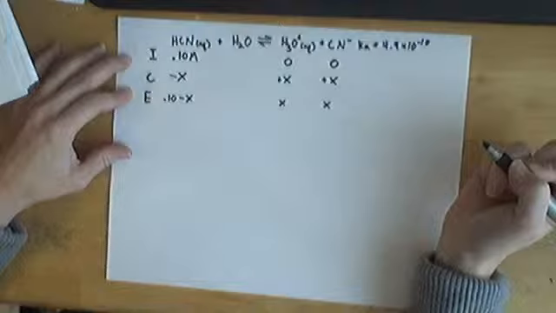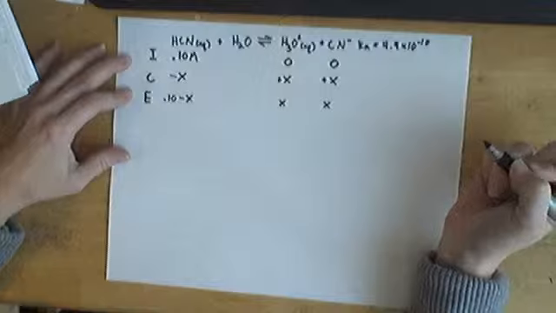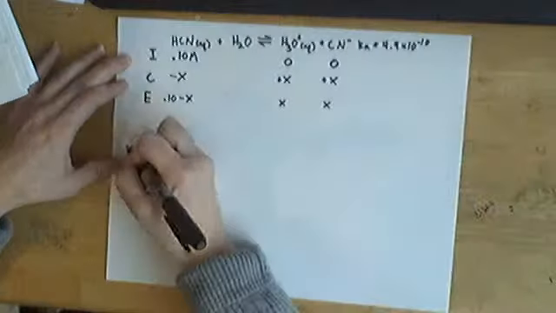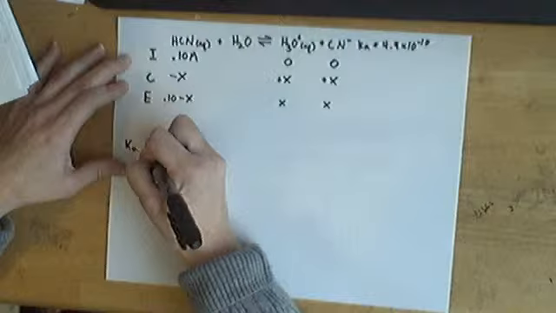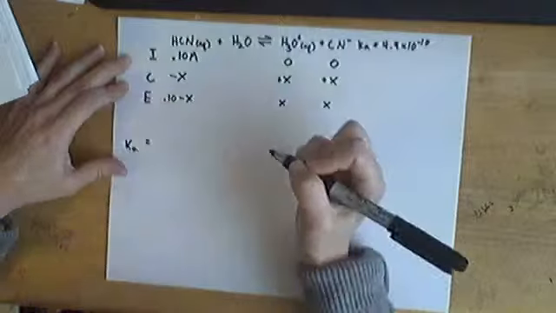we can go ahead and plug these into our equilibrium expression. So let's write an equilibrium expression first of all. Okay? So we're calling this Ka, but it works just like any Kc. Okay?